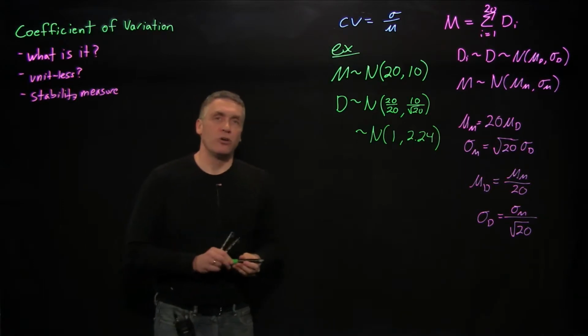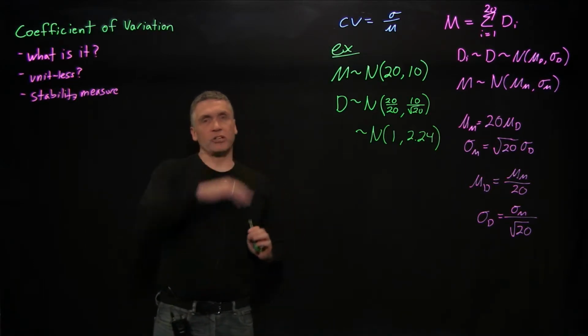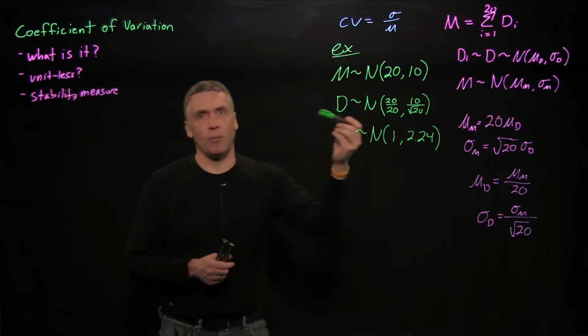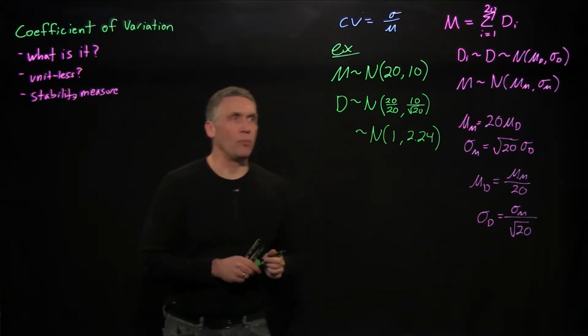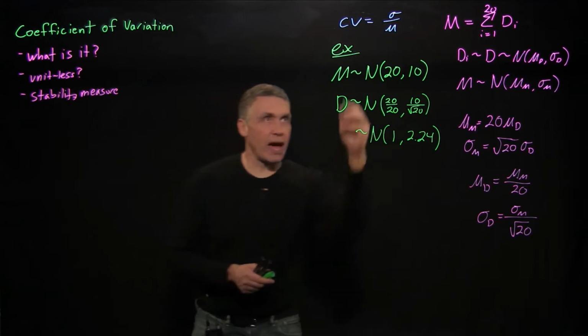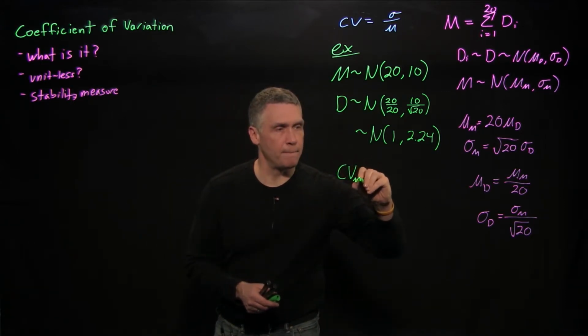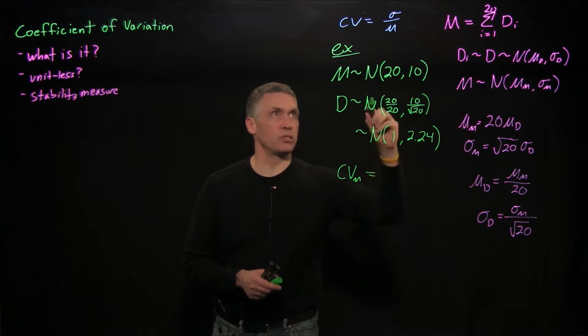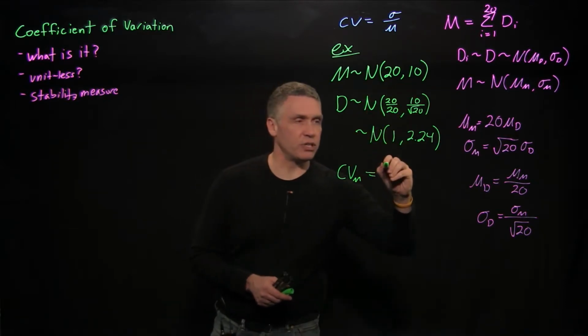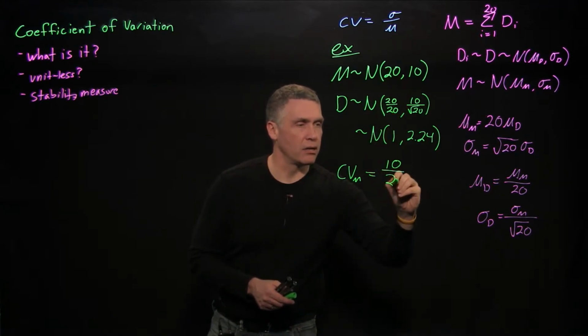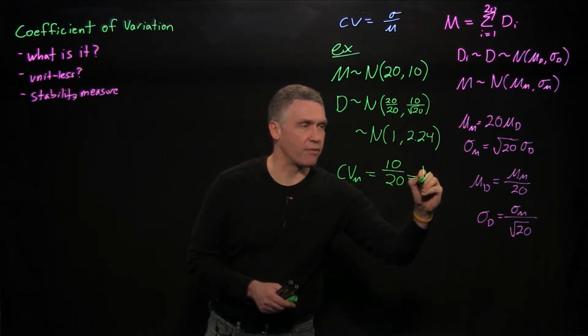Now let's look at the coefficient of variation for both the monthly random variable and the daily random variable. The CV of M equals the standard deviation 10 divided by the mean 20, or a half.